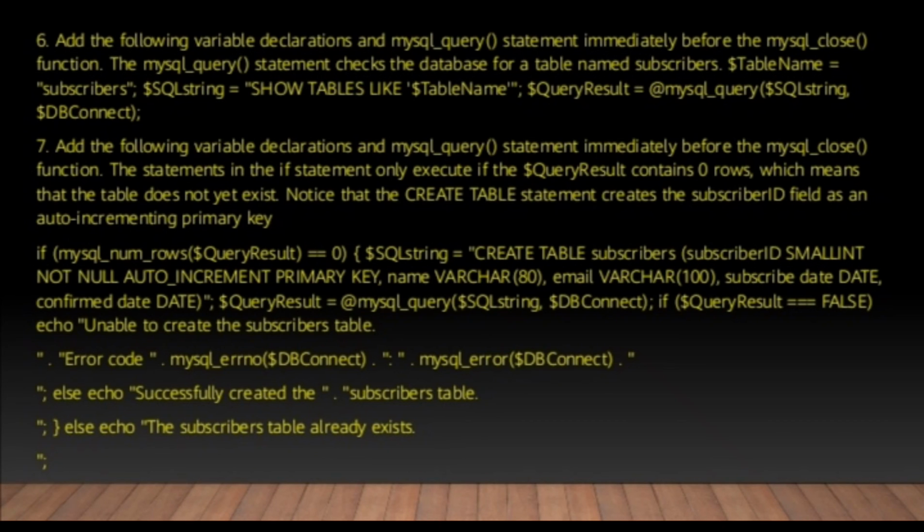The statement in the if statement only executes if the query result contains 0 rows, which means that the table does not yet exist. Then save the document as createsubscribertables.php and upload it to the web server.